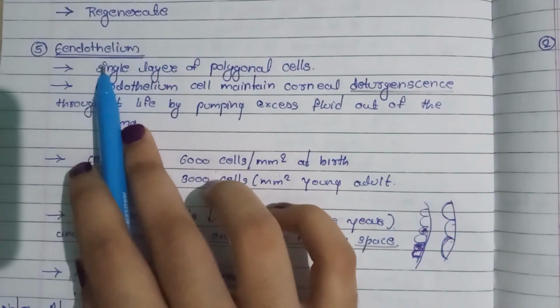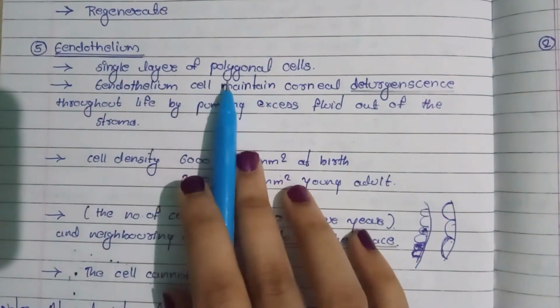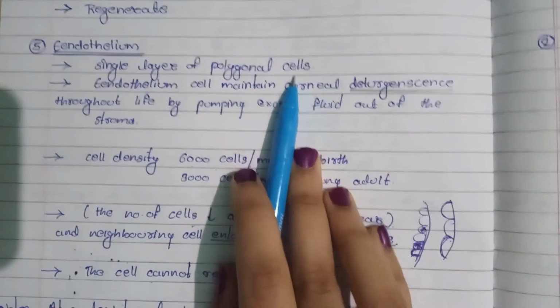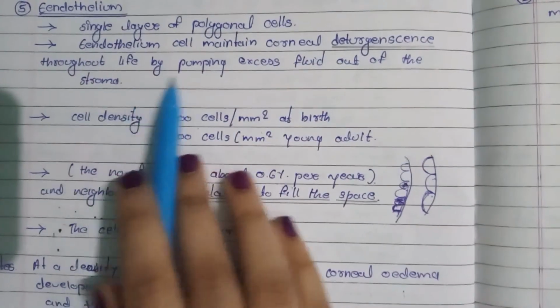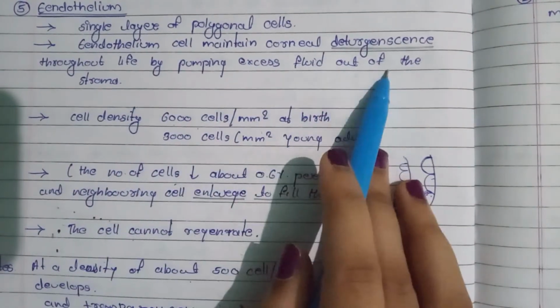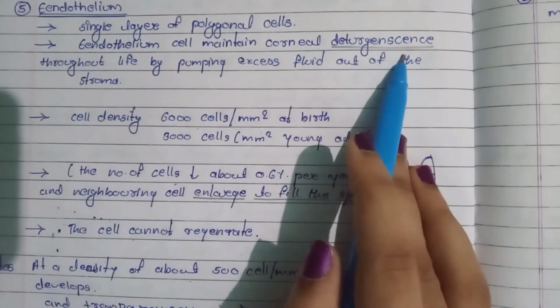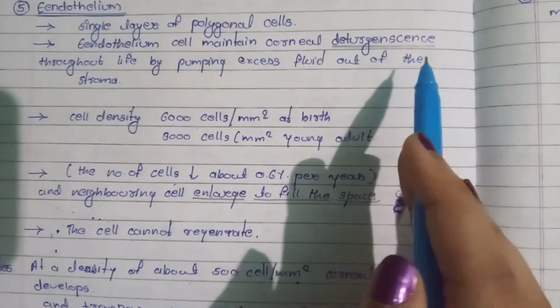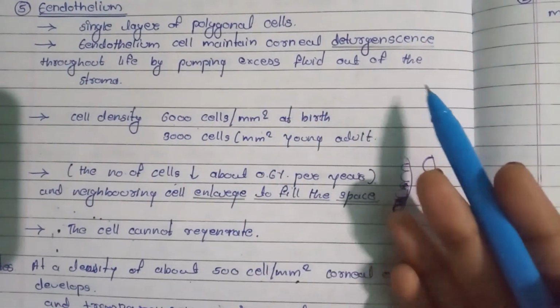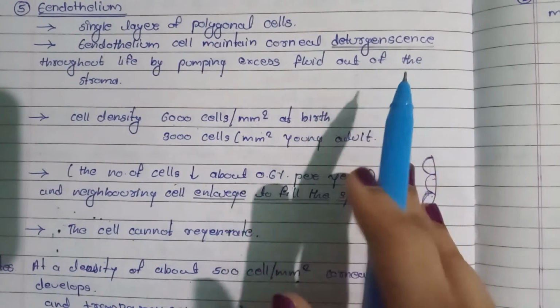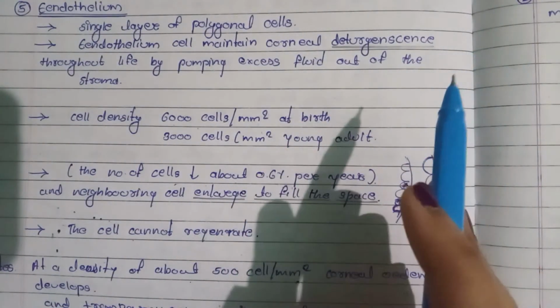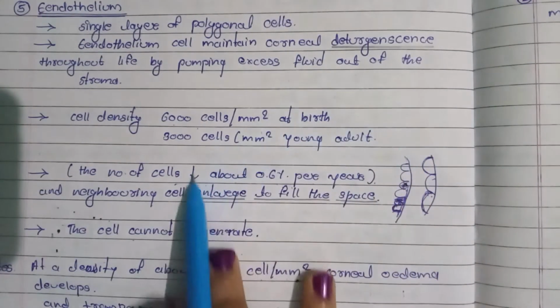Now the fifth is the endothelium. It is a single layer of polygonal cells. Endothelium cells maintain the corneal deturgescence throughout life by pumping the excess fluid out of the stroma. Deturgescence is essential to prevent excessive hydration of the cornea and keep the cornea relatively dehydrated to maintain the normal clarity and transparency.